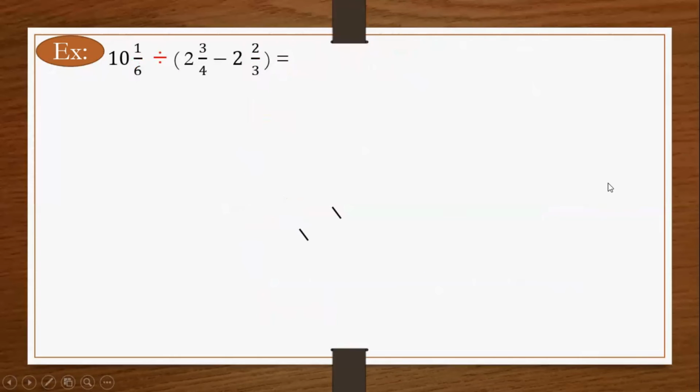10 and 1 over 6 divided by the quantity 2 and 3 over 4 minus 2 and 2 over 3. So this time, the operations here are division and subtraction, but we have a parenthesis. So meaning we will solve the fractions within the parenthesis or bracket. So first is we convert this to improper fraction. 61 over 6 divided by 19 over 9 minus 5 over 3.